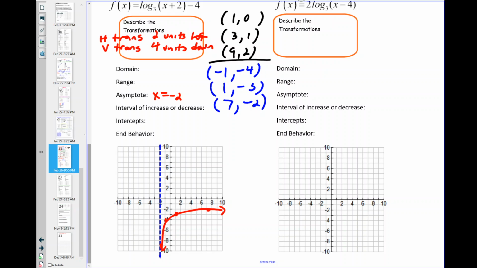So if you noticed on the other ones, on exponentials, it was the range that was affected by the asymptote, either above the asymptote or below. So here the domain's either going to be to the left of the asymptote or to the right. Here we're to the right, so the lowest we'll go is the asymptote. Where's the asymptote? Not at 1. It's at -2. The vertical asymptote's at -2.